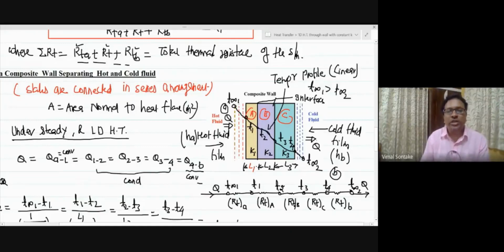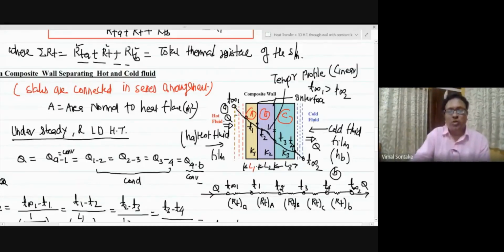And if we assume that the contact of the materials AB and BC are not perfect, by virtue of their surface roughnesses and asperities, thermal contact resistance may come into picture. So there will be thermal contact resistance at interface AB and another at interface BC.